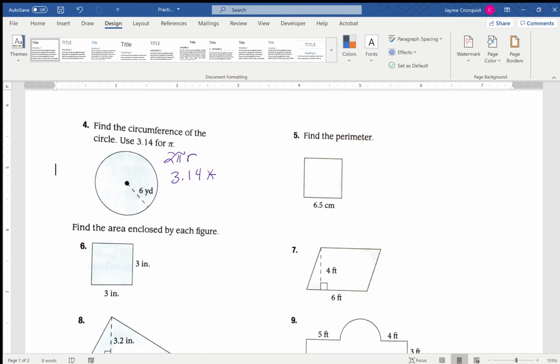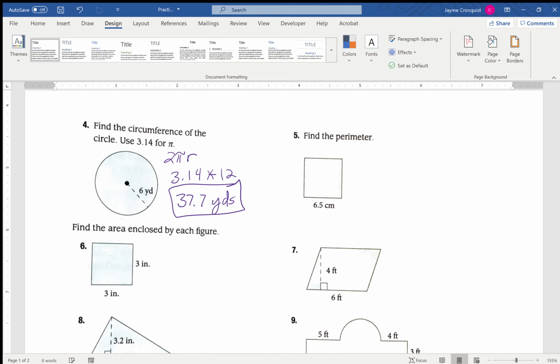Well, if r is 6, that means that's 12. So we put that in our calculator. 12 times 3.14, we get 37.68. And this is going to be yards.